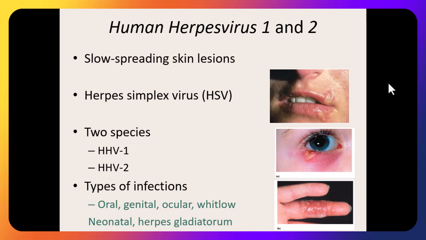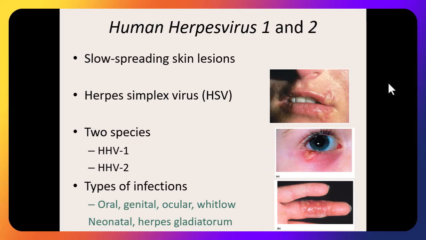Super common. Again, they used to be called herpes simplex virus. 1 and 2 both cause these slow-spreading skin lesions, so I talk about them together. They are genetically different viruses, but they're pretty much outwardly causing the same type of thing.